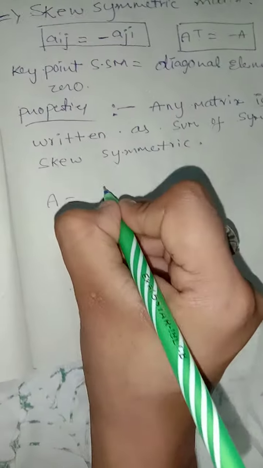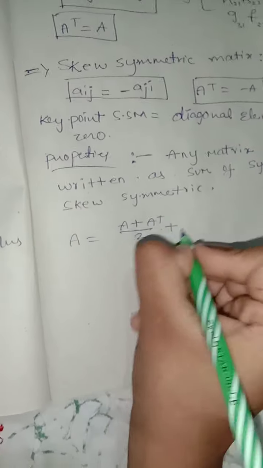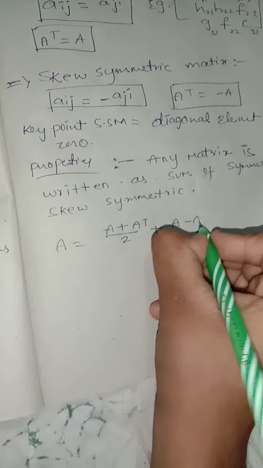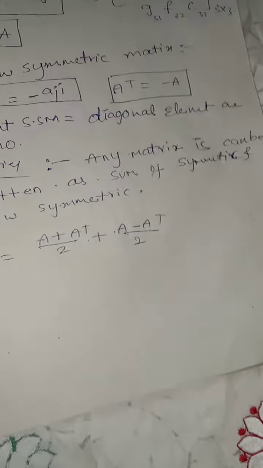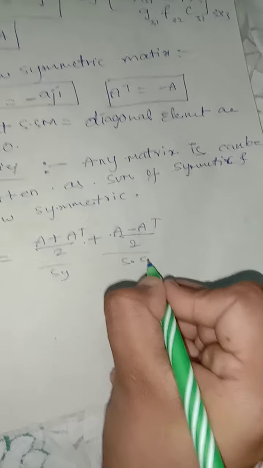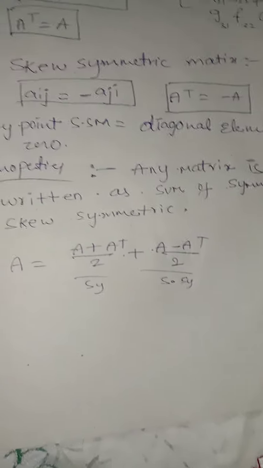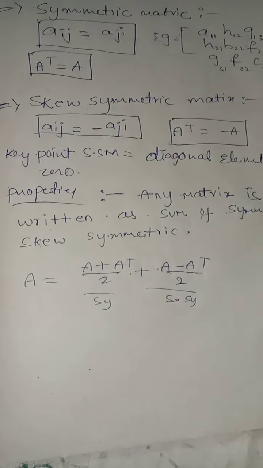Assume a matrix A, it can be represented as the sum of a symmetric matrix plus a skew symmetric matrix. This is one of the most important properties.